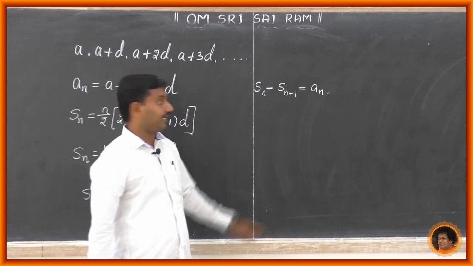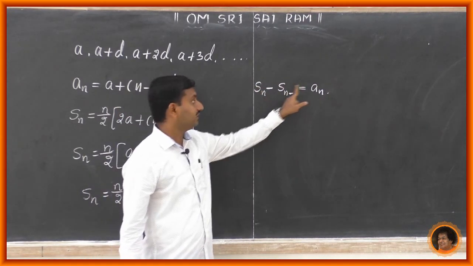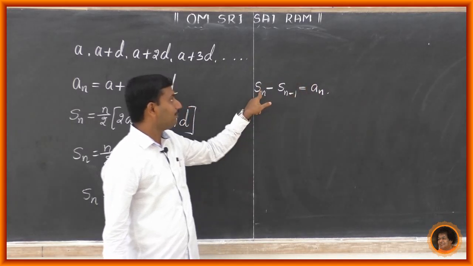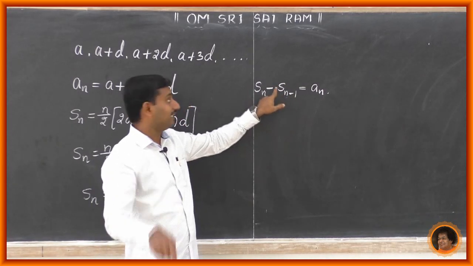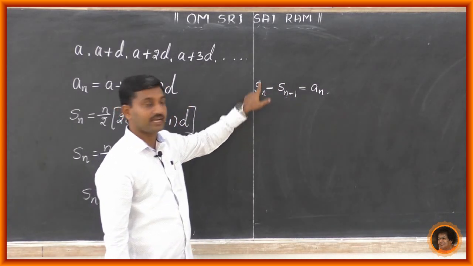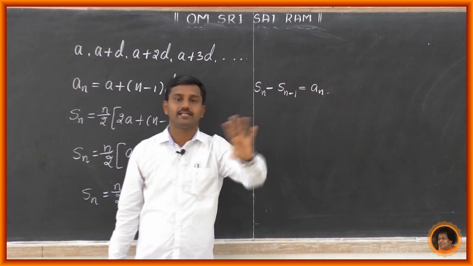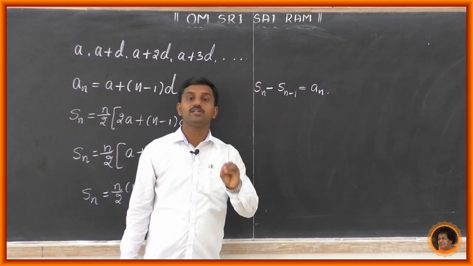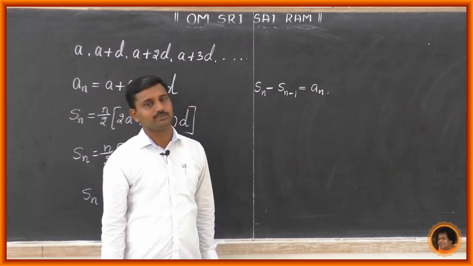This is the relationship between the sum of n terms and the nth term. The difference of the sum of n terms and the sum of n minus 1 terms is equal to the nth term, or the formula Sn minus Sn minus 1 equals an. So these are the important formulas related to arithmetic progression.